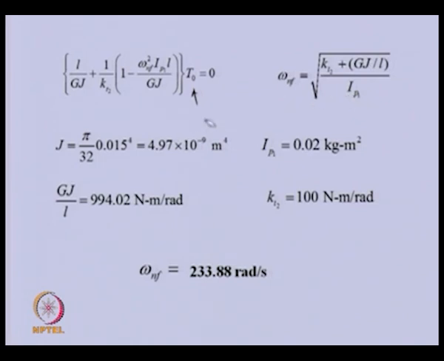Now for the given values, we can obtain the second moment of area, and this is already given. So all these quantities are known, so they can be obtained. The torsional spring torque is also given to us. So if we substitute this in the natural frequency expression, we will get this as the natural frequency in radians per second.